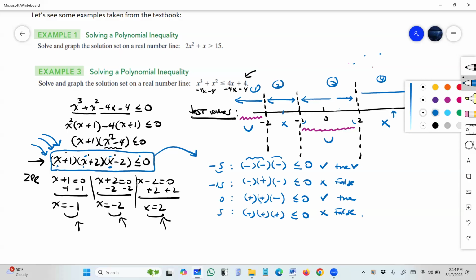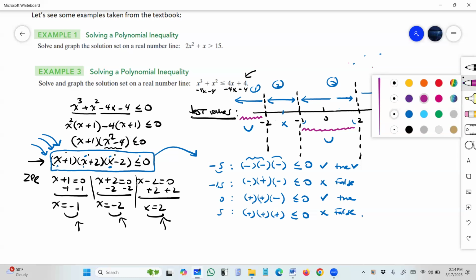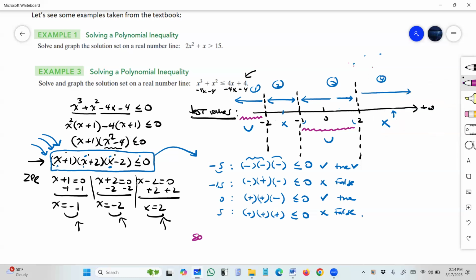So now I have to write that in interval notation. So here's my solution. Okay, keep in mind that the inequality is less than or equal. So in the previous problem, I didn't have an equal sign. Now I do.